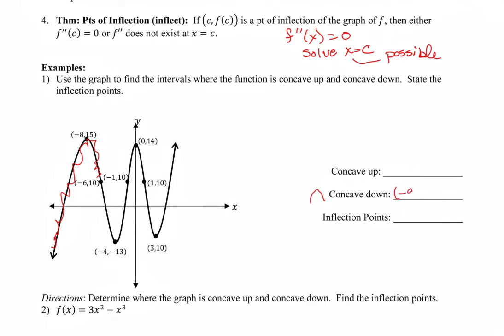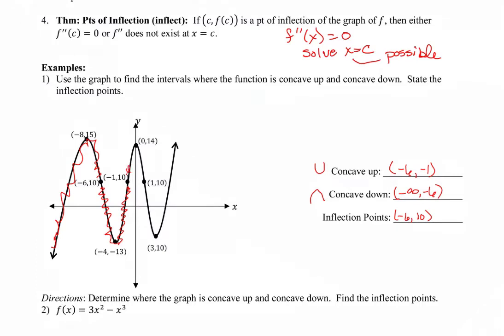So from negative infinity to negative 6, I'm concave down. And I have an inflection point at negative 6. Then from there to here, I'm concave up. So from negative 6 to negative 1, I'm concave up because I'm smiling.